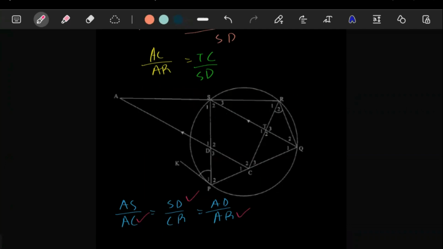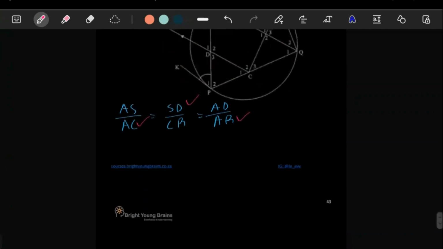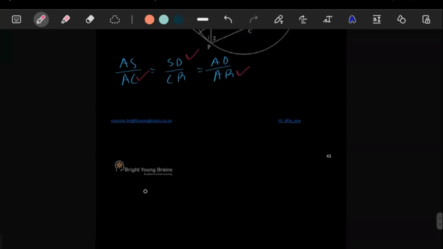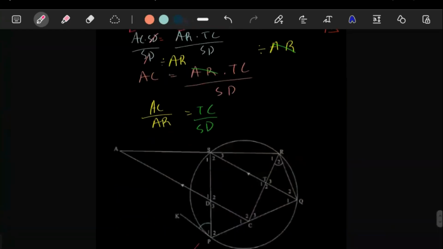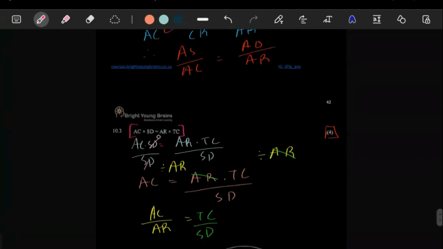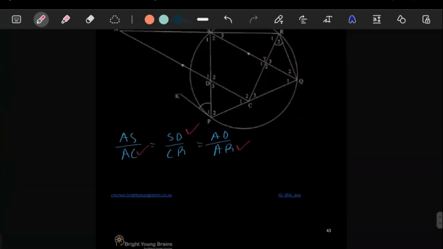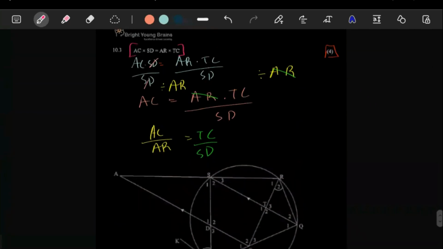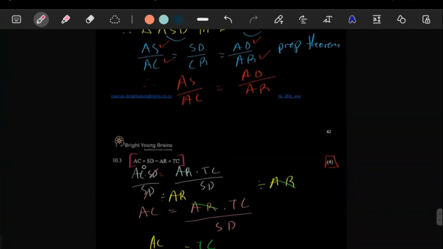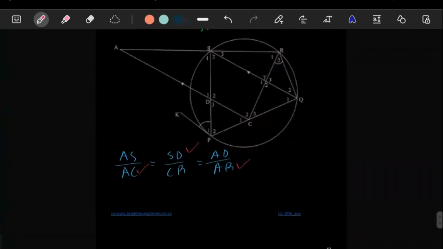At this point you'd be wondering what to use, because probably the SD over the CR, that one is a definite. The only question is what else do you use. But let's see what you have here. You have AR and TC. I think something with AR might help, because the part that is AC, there's AS over there.